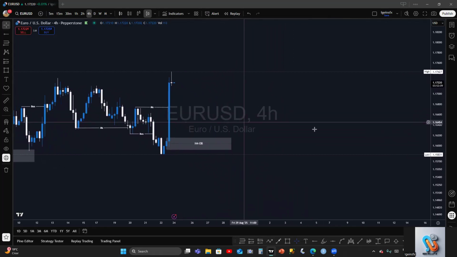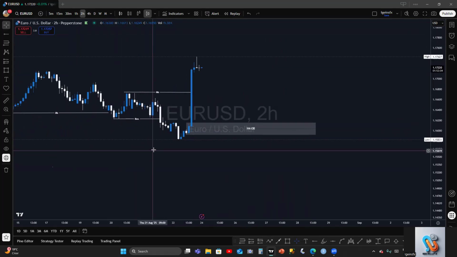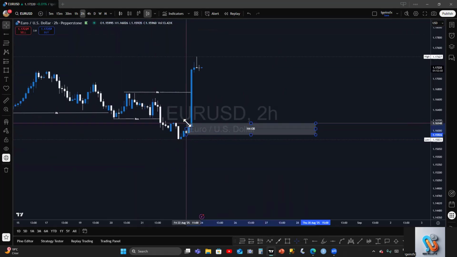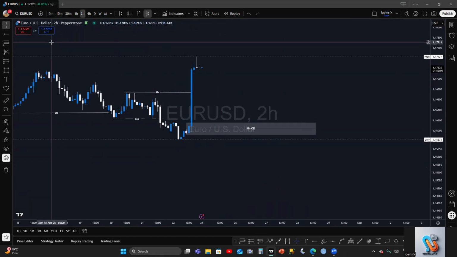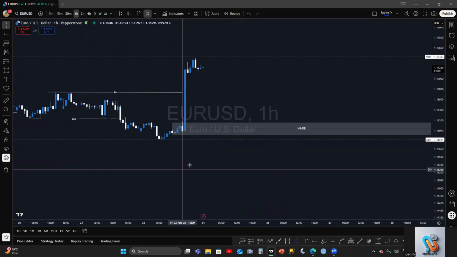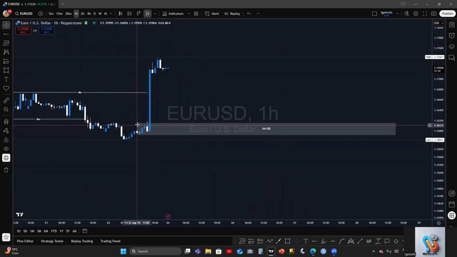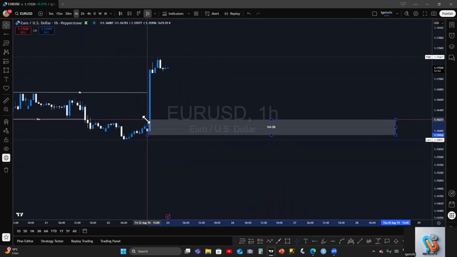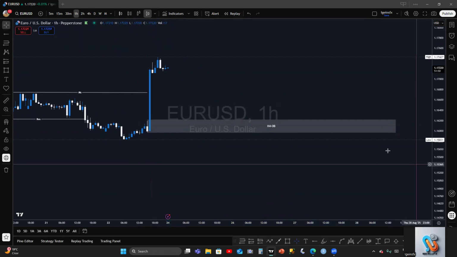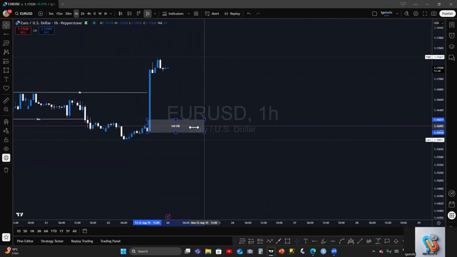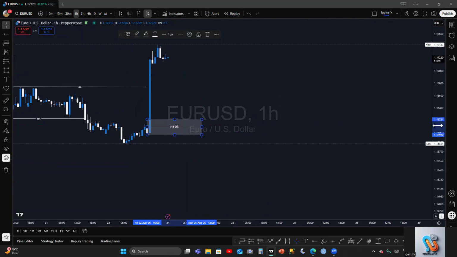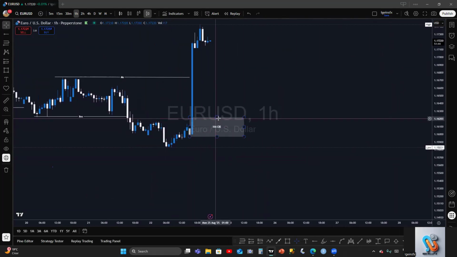Now what we need to do is scale down to 2 hours. Let's refine it. All right, let's refine it. We can now scale again to 1 hour. Let's refine it again. We have refined it to 1 hour.